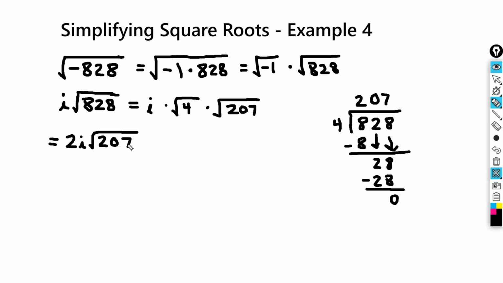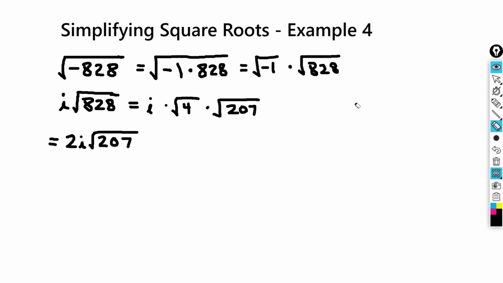Now we look at this, it ends in a 7, so it's not divisible by an even number. But if I add 2 plus 0 plus 7, I get 9. And I know 9 is divisible by 3. So I'm going to divide 207 by 3.